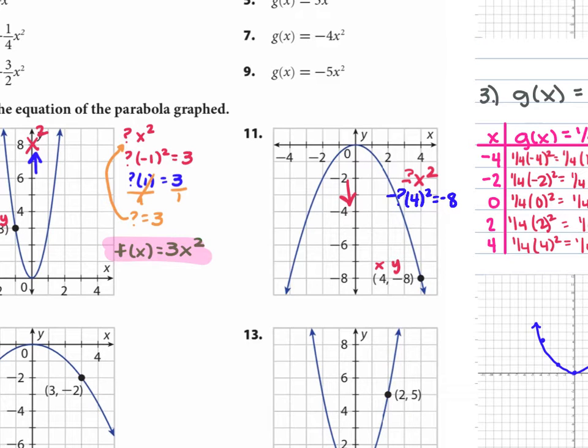So the 4 squared is 16, so it's a negative something times 16 is equal to negative 8. If we divide each side by the negative 16, we're going to get that that something is a positive 1/2. So we're going to plug that in for the question mark up top to get f of x is equal to negative 1/2 x squared.